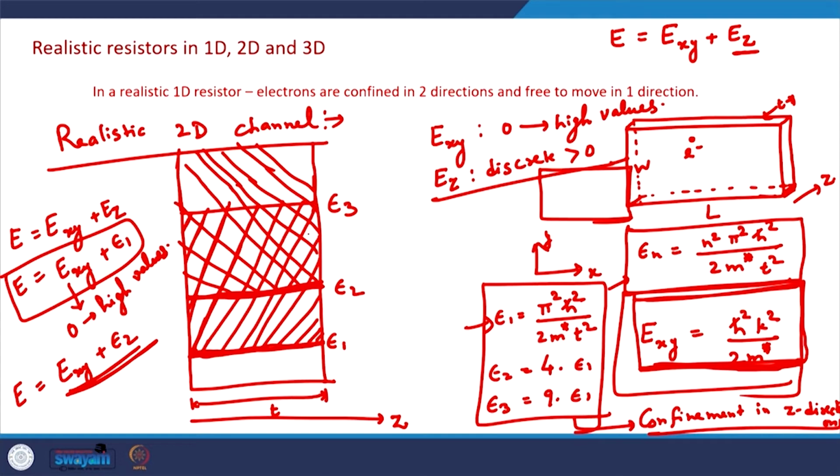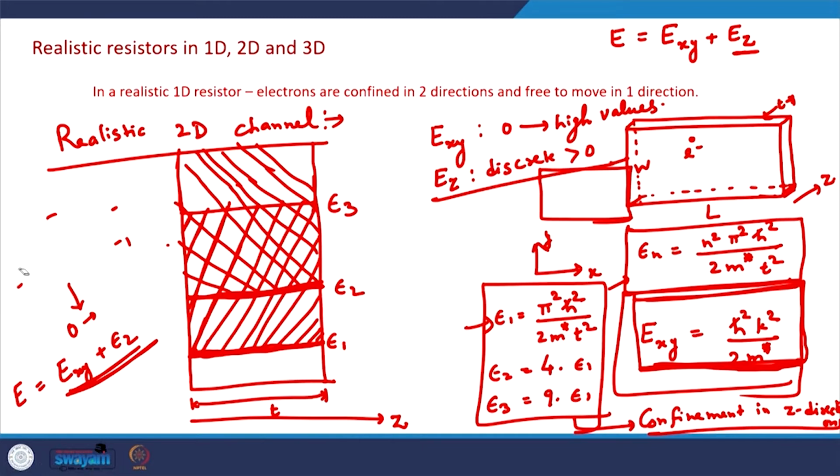So, now an interesting situation arises. The electrons that are in the epsilon 1 state may have energies here in this regime. In this regime also, electrons sitting in state epsilon 1 can have energies.